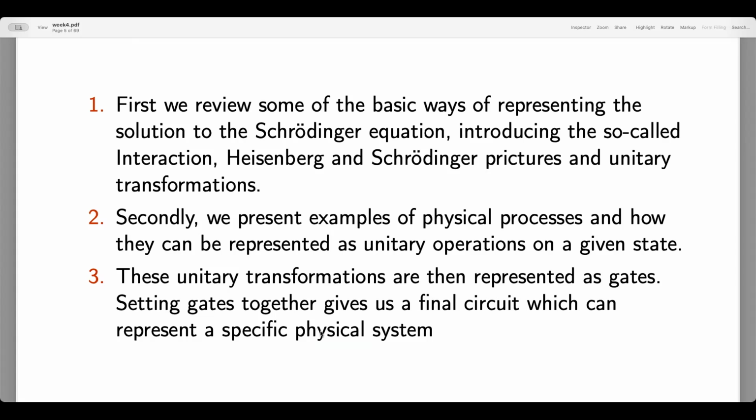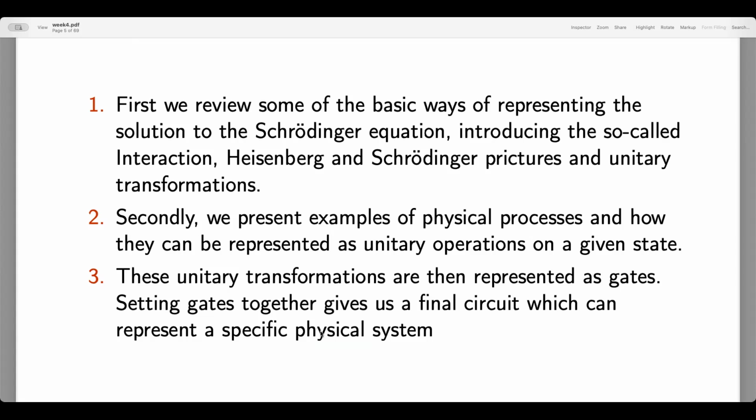And when we're done with that, then we are going to use these unitary transformations and represent them, as we did last week, in terms of gates. So that means that the way we operate on a physical system is represented by these operations, which we then translate into gates, and a collection of gates becomes a circuit.